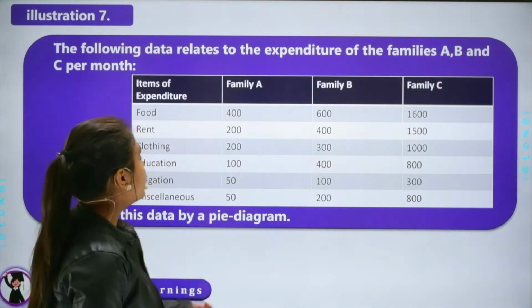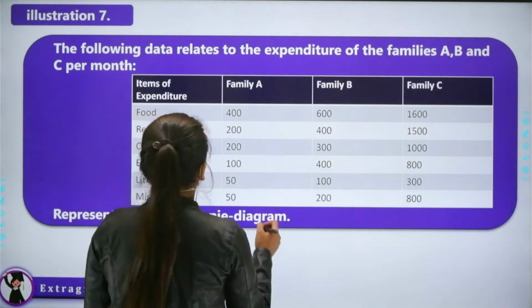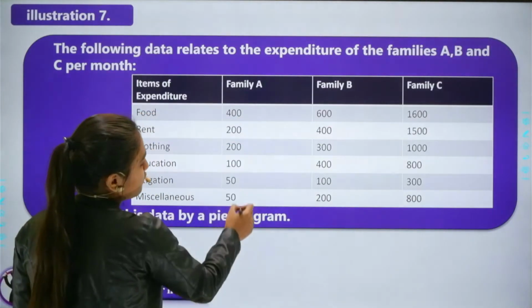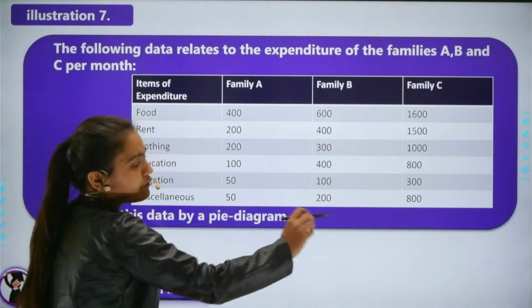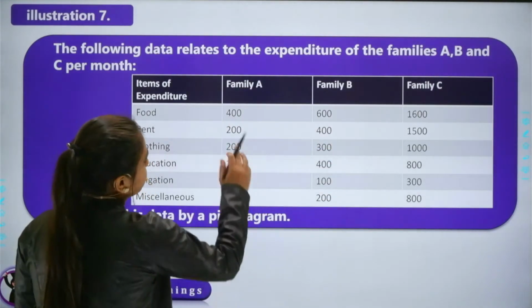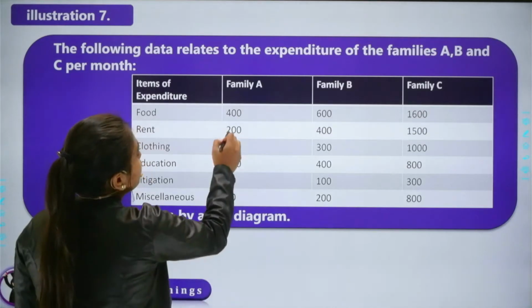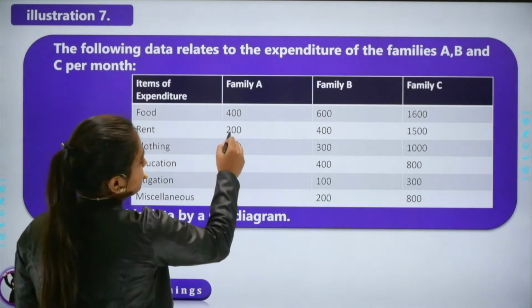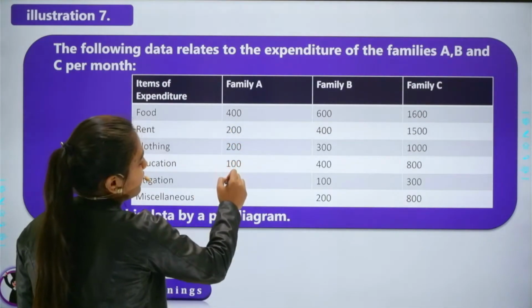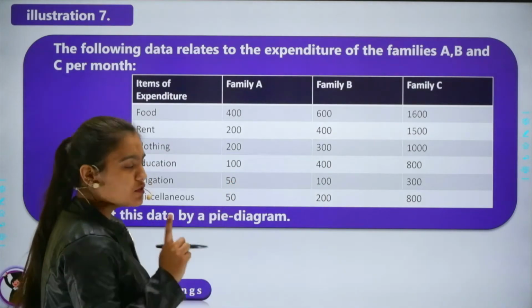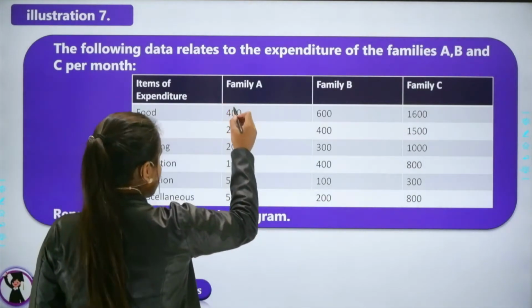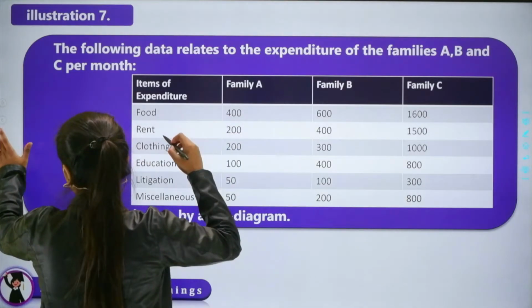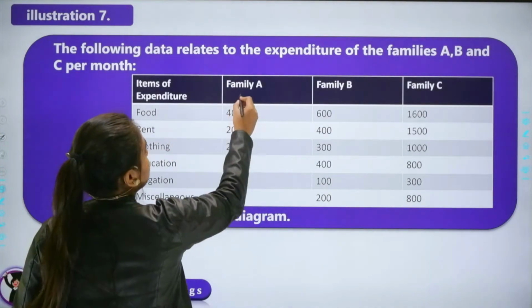We have already done this. What we have to do is, first of all, take the total for all the three different families. For example, 4 plus 2 is 600, 800, 900, and this 1000. 1000 is the total for this family.